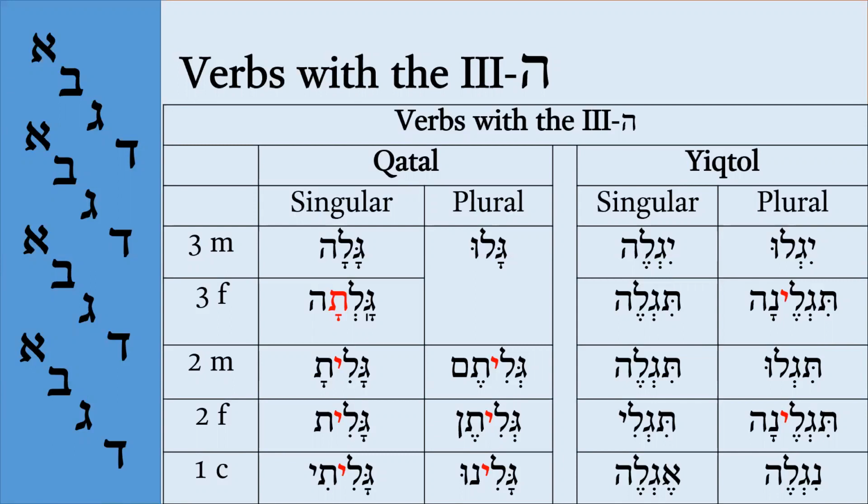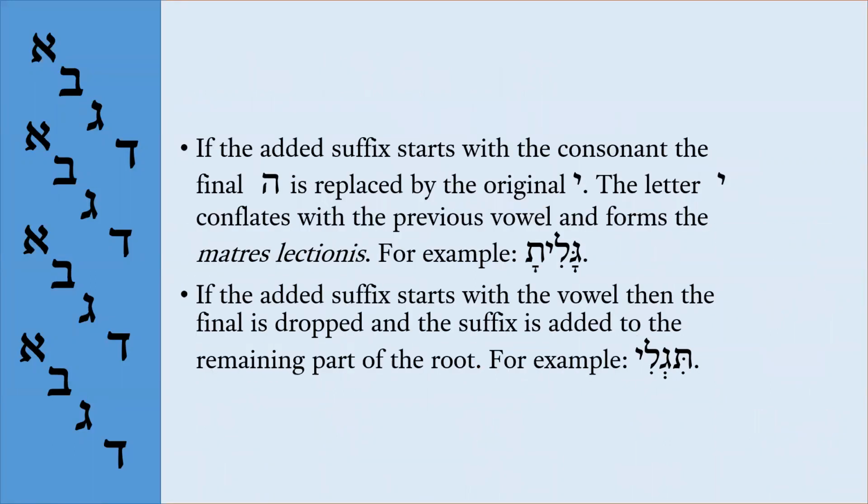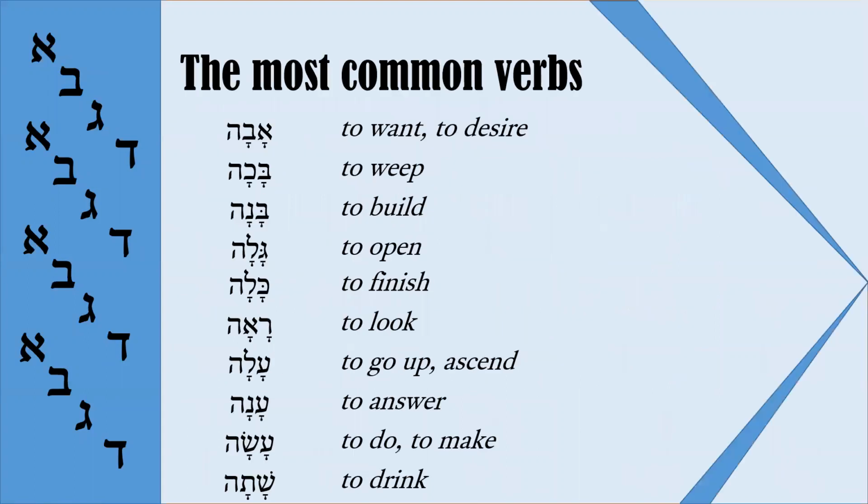But the approach that really worked well for me was this: I noticed that there are about 20 verbs with the third hey which occur most often in the Bible. And if you know those verbs, it will be much easier for you to recognize them in the text.